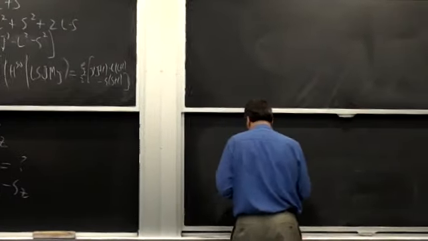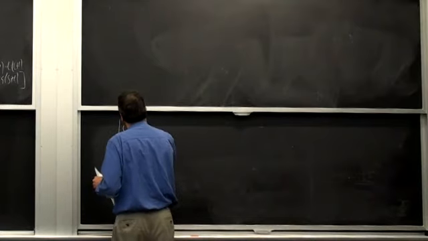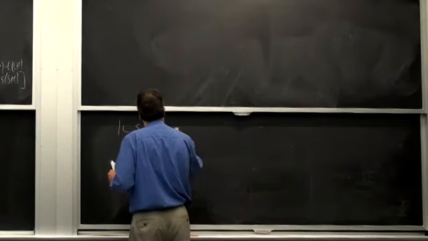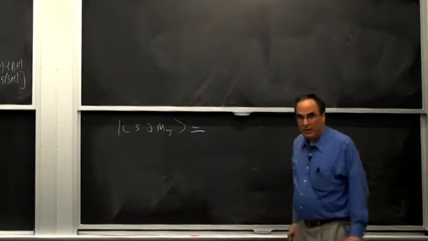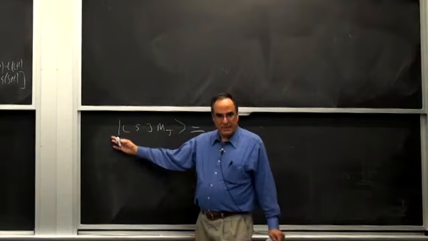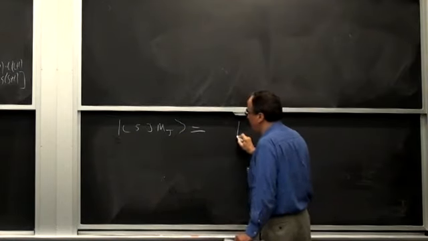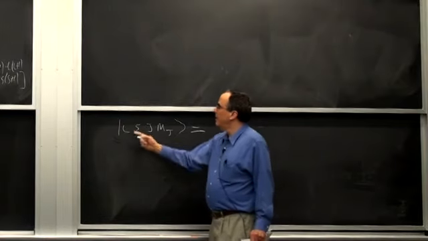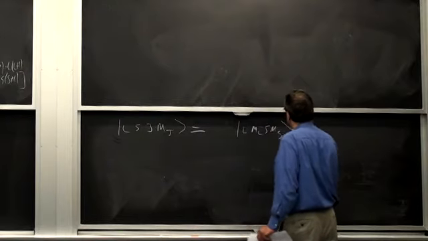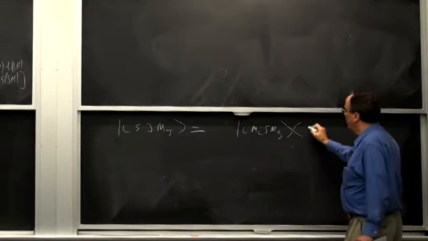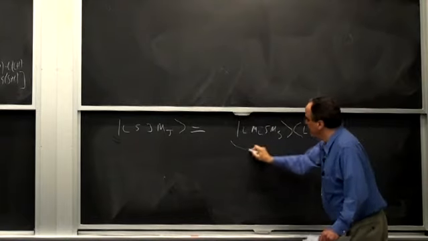So let's do that. Here's a coupled basis function. And to write a transformation between basis sets, you use completeness. And so you want to end up with L, ML, S, MS. And so to do that, you have L, ML, S, MS. This is completeness.